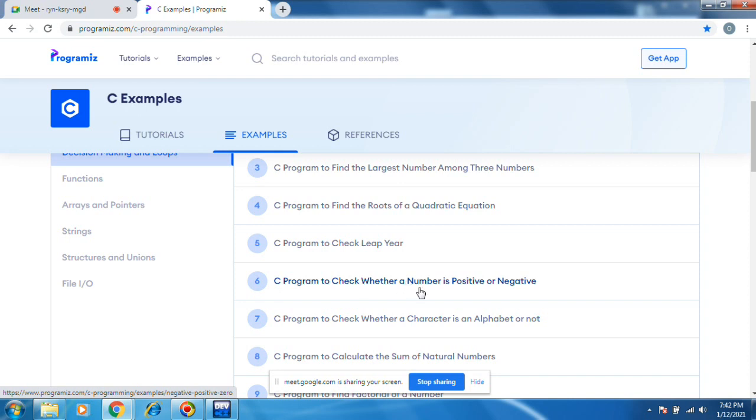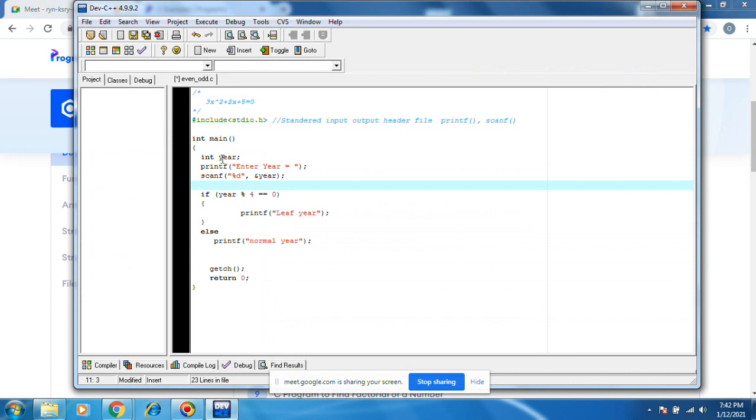C program to check whether a number is positive or negative. Positive or negative means, please instead of enter here, write enter number. int n, something like that. Scanf percent d n. If n greater than or equal to 0, printf positive number, else negative number.